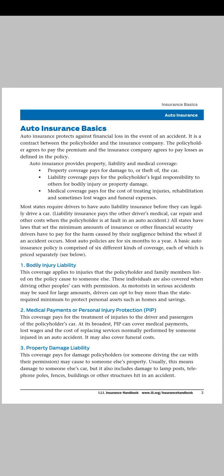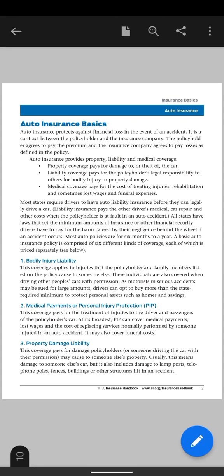A basic auto insurance policy is comprised of 6 different kinds of coverage, each of which is priced separately. See below. Number 1. Bodily injury liability. This coverage applies to injuries that the policyholder and family members listed on the policy cause to someone else.